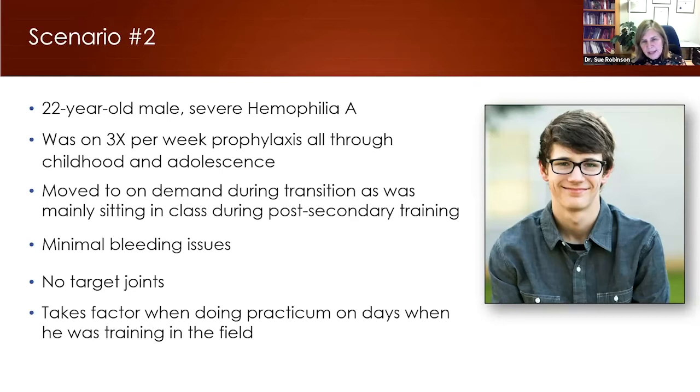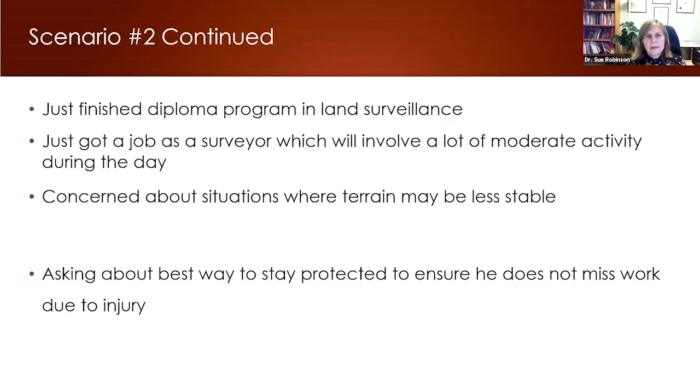And with his schoolwork, he started to need to go out into the community and do some practicums, and he would take his factor beforehand. So he started back at sort of an anticipatory prophylaxis on those days that he was training in the field.